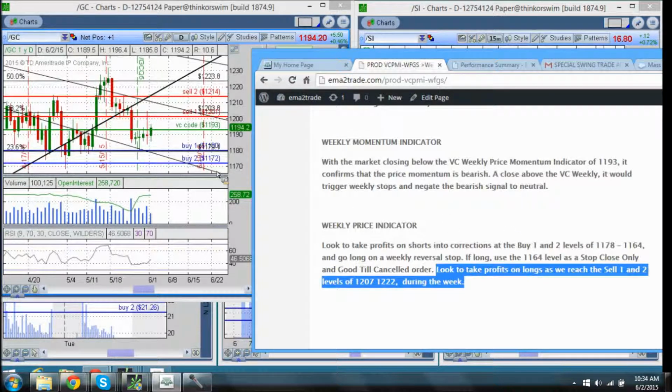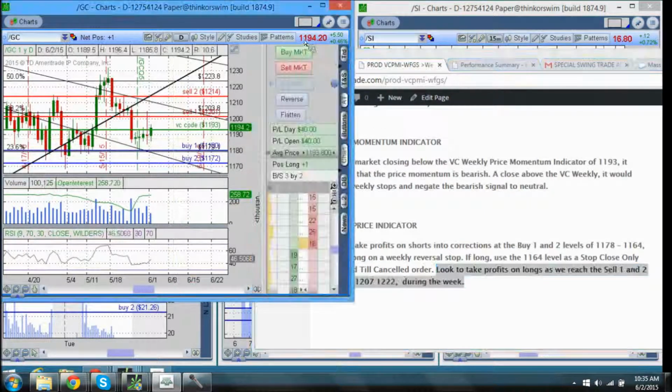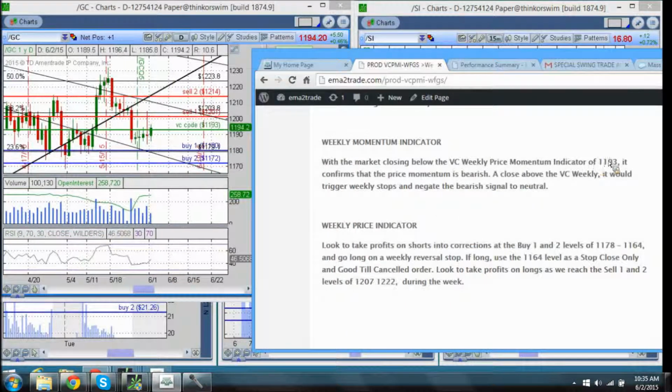Or, as we are looking at right now, the market is trading at 1194.20. The daily algorithm is 1193, the daily pivot point, and it's in harmonic timing with the weekly algorithm of 1193.